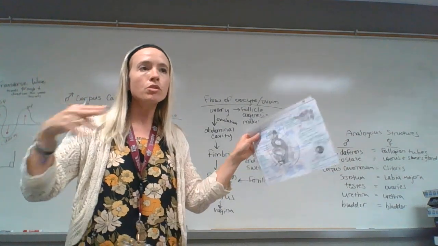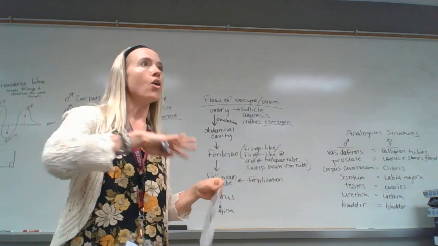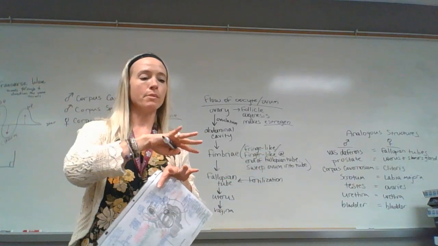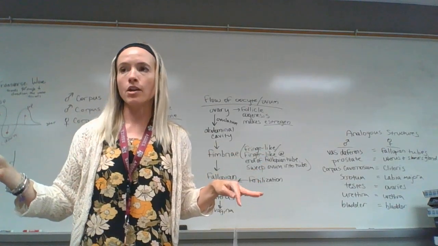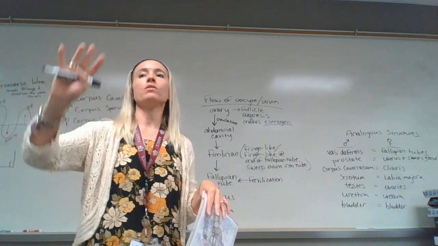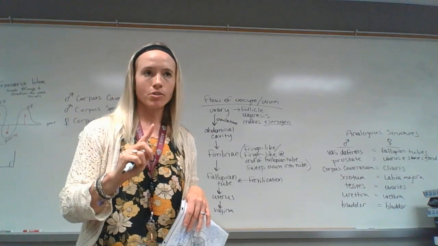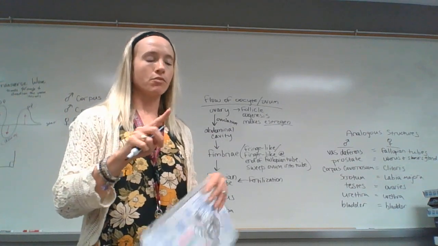A lot of times students come into the class thinking that everything between a woman's legs is the vagina. That's the only term they know. You need to know the difference between the internal structures and the external structures. What are the external structures of the female reproductive tract called?